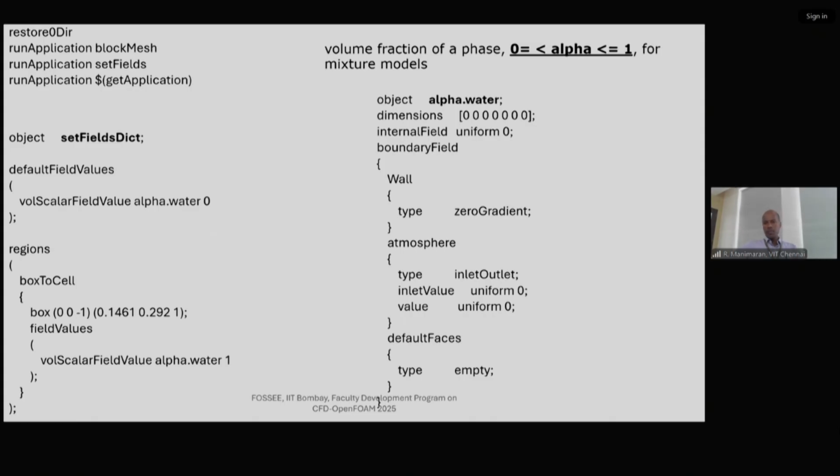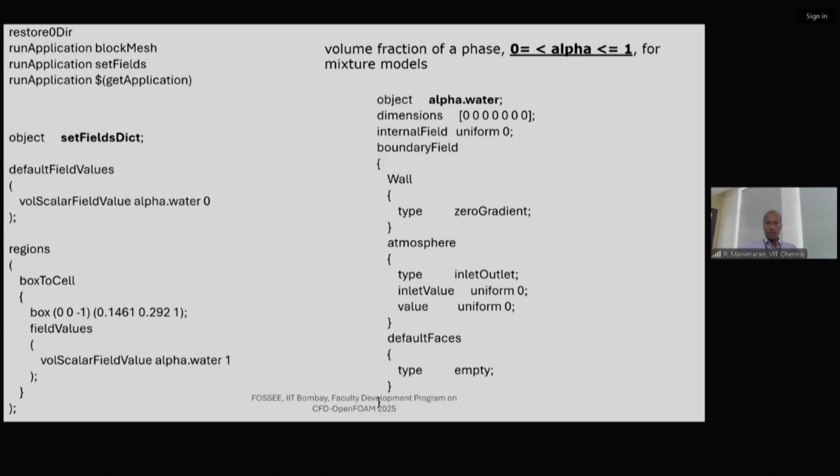Then another very important variable to be considered in multi-phase flow is alpha. I already mentioned it's a volume fraction. If it is 0, it may be purely gas. It is purely liquid in the case of 1. It has no dimensions. It's a ratio. So you can see how it is being defined here. See here, at the wall, how it is being calculated.